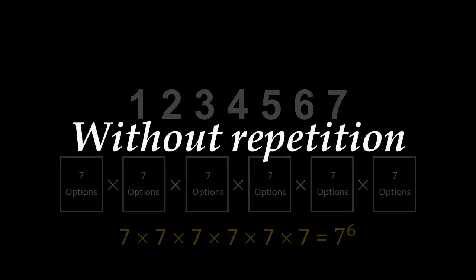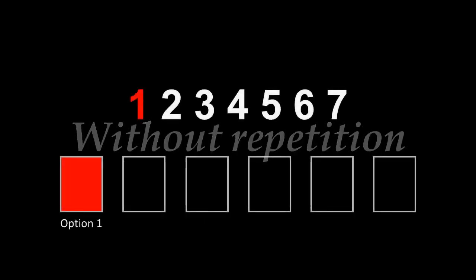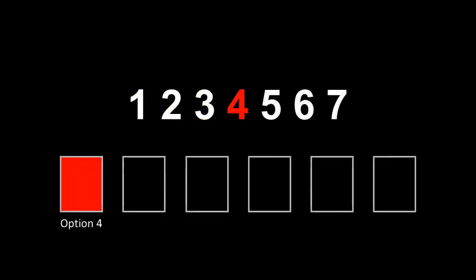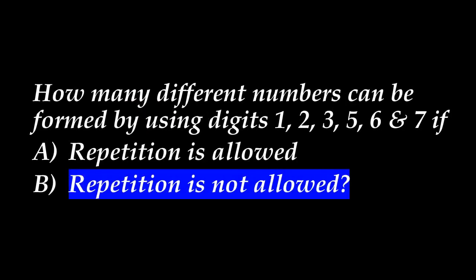What if the repetition of the digit is not allowed? So in the first box we can fill in 1, 2, 3, 4, 5, 6, 7. So we have 7 options for the first box. Assuming that the first box is filled with 1, what can be there in the second box? Repetition is not allowed.